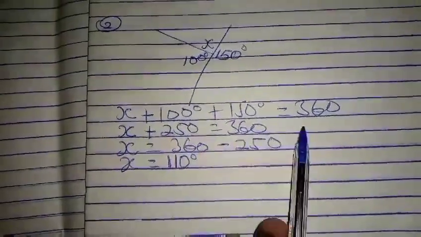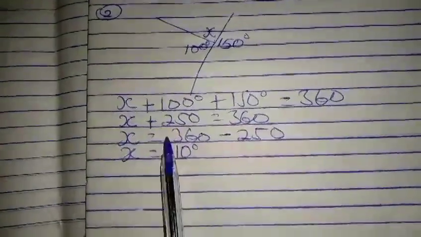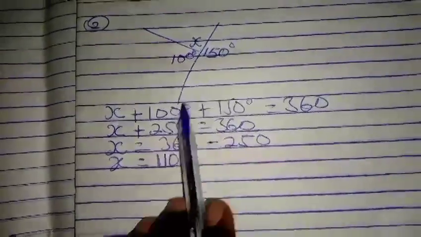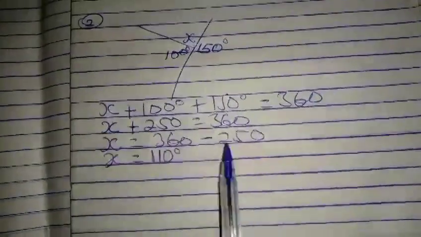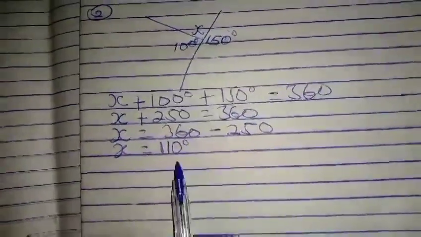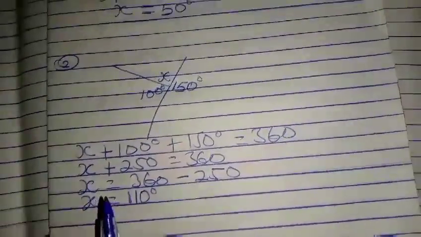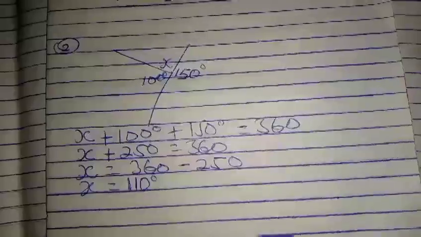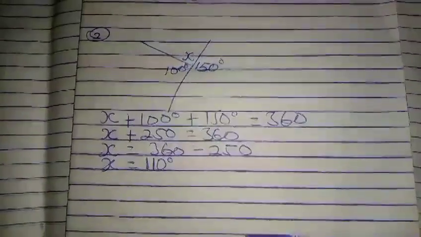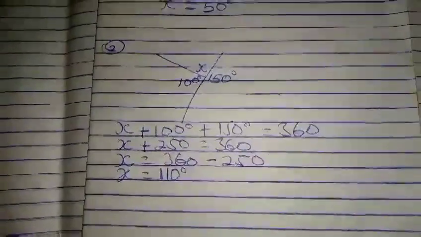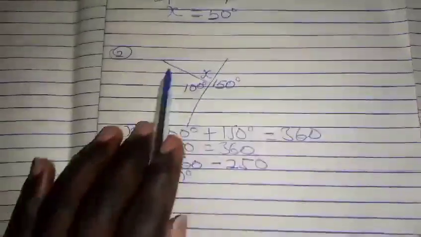Group like terms, x is equal to 360 minus 250. You subtract 250 from 360, you are getting 110. So our x is equal to 110 degrees. That's how we find any value if you are given angle at a point.